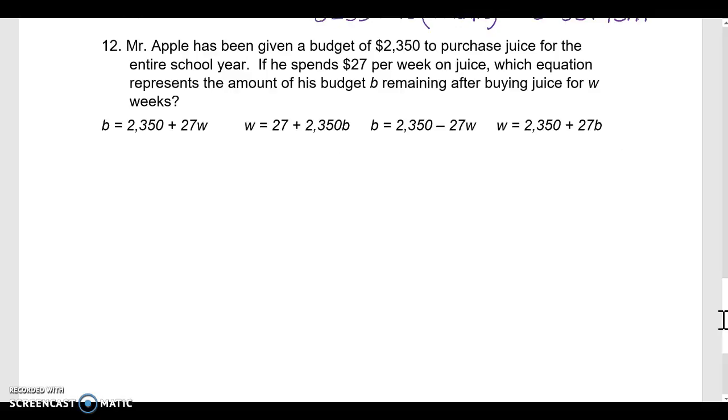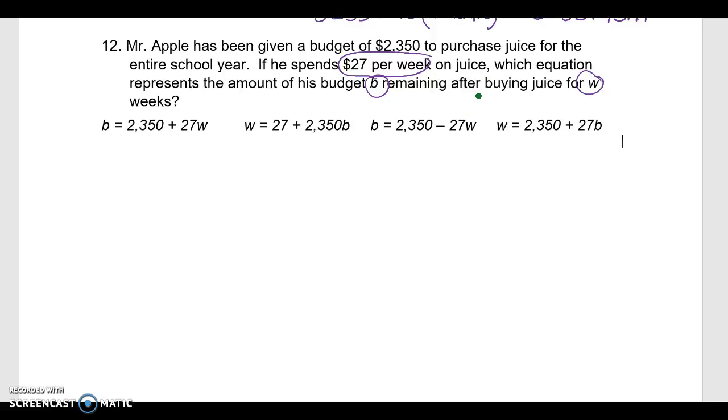It says Mr. Apple has been given a budget of $2,350 to purchase juice for the entire school year. If he spends $27 per week on juice, which equation represents the amount of his budget, B, remaining after buying juice for W weeks?